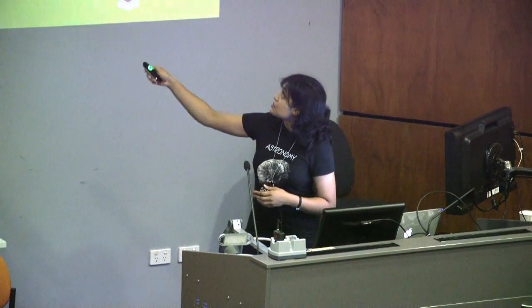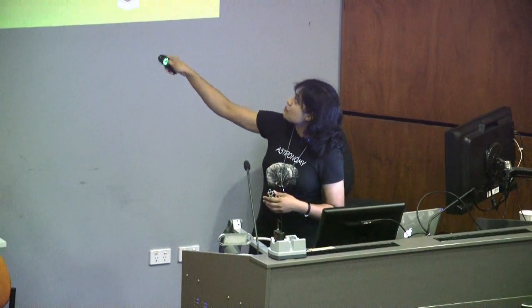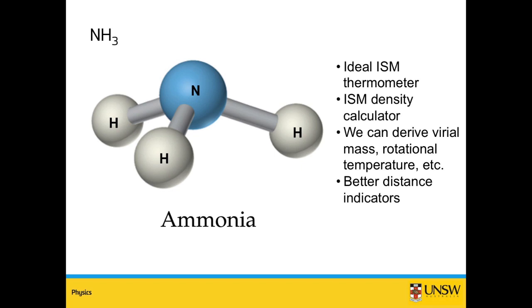So among all these ISM tracers, I'm using ammonia. And why? You can see this nice molecular form. This is really important to understand, to see why I am using ammonia particularly. Ammonia has one nitrogen and three hydrogen, and this is the most ideal thermometer of the ISM.